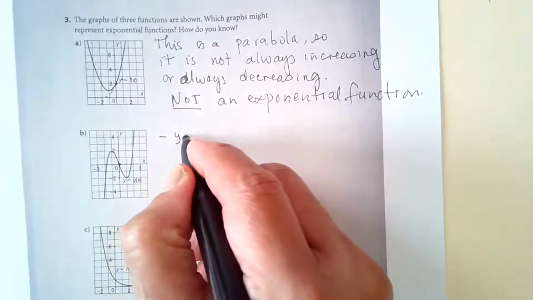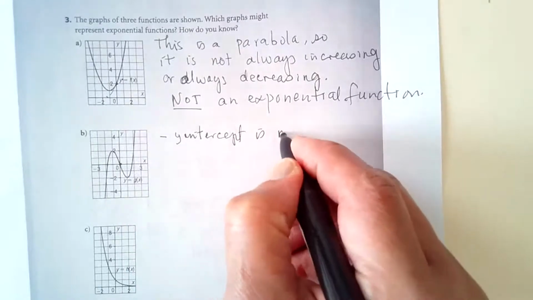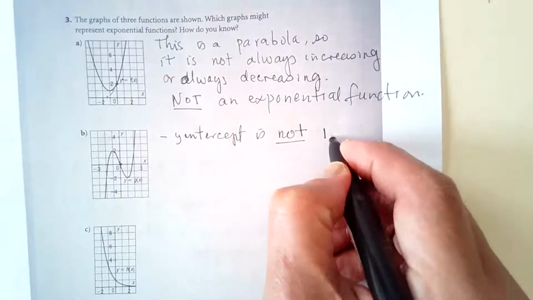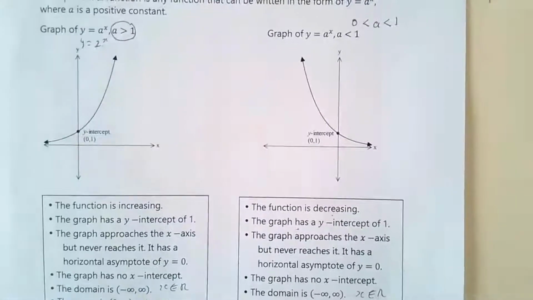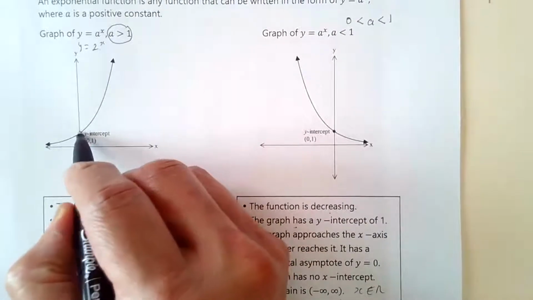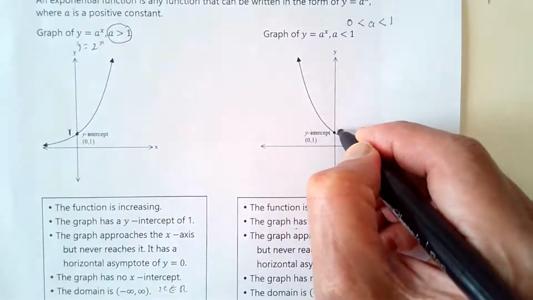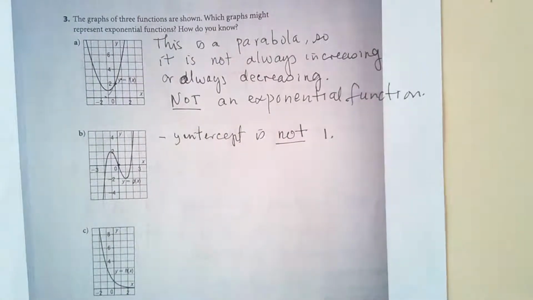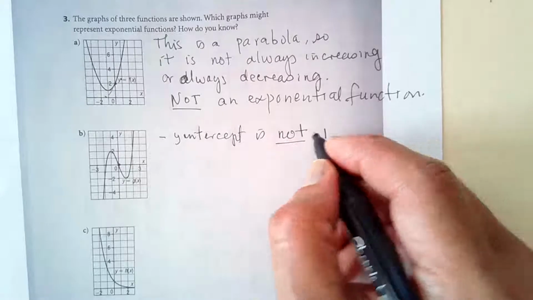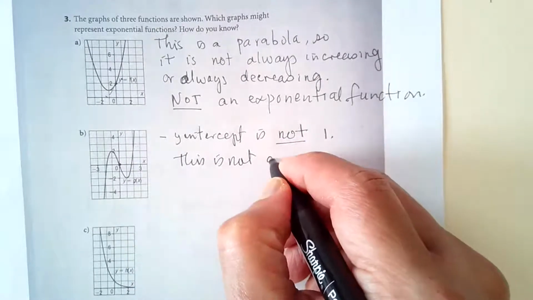So the y-intercept is not 1, because for an exponential function, the y-intercept is 1. So this would be 1. This is not an exponential.